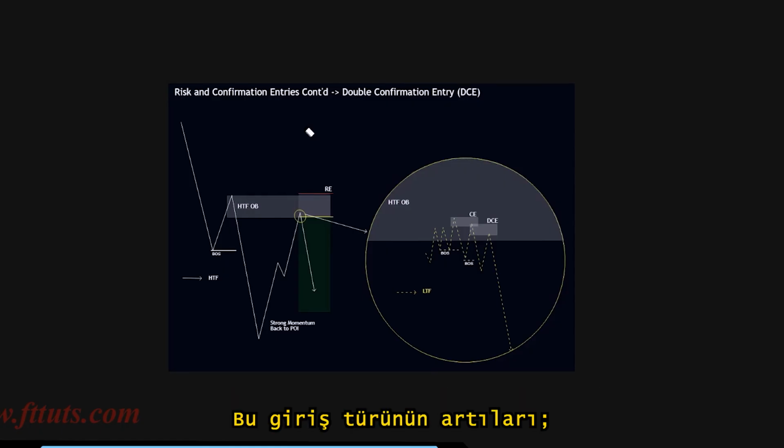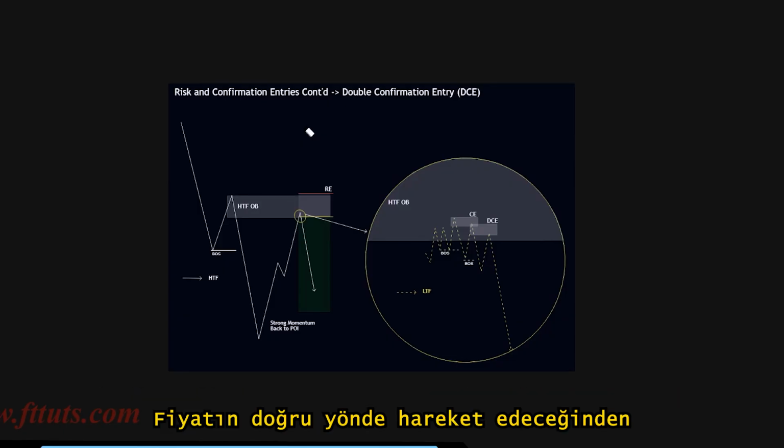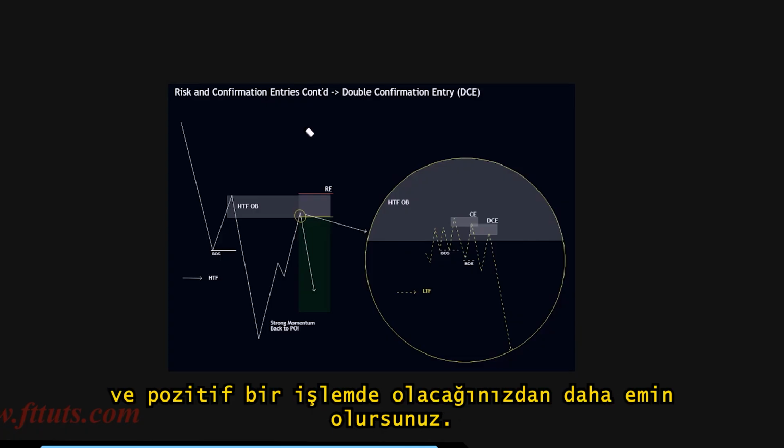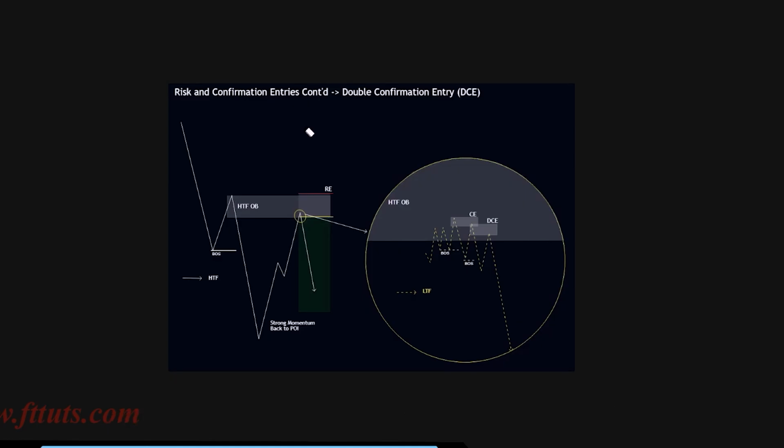So the pros of this entry type, of course, you're entering based on a lot more information. You have a better certitude of price moving in the right direction and being in a positive trade. However, the biggest con of this entry type is the time that it requires for you to monitor the lower time frames. That's number one.